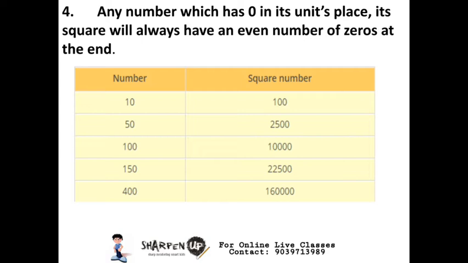If the number has 1 zero at the end, its square will have 2 zeros. If it has 2 zeros, the square will have 4 zeros. If it has 3 zeros, the square will have 6 zeros. I hope you got it.